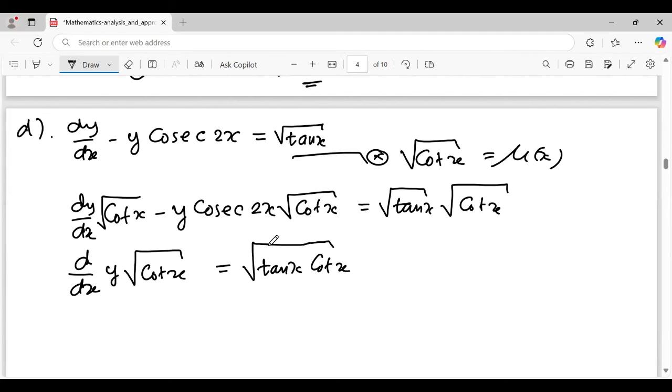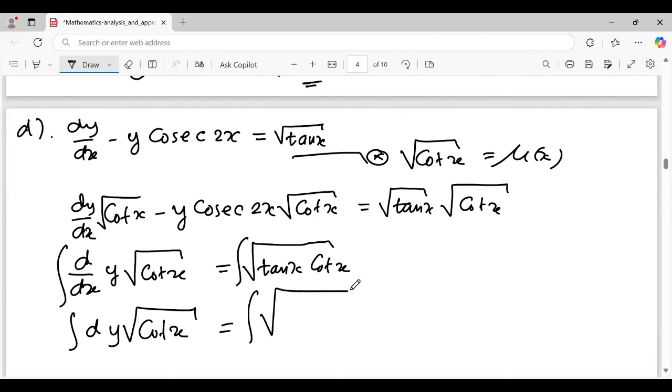Okay, this is the step of a first order differential equation, right? After that, we integrate both sides, and the left-hand side becomes the integral of d(y square root cotangent x). The right integral becomes square root tangent x cotangent x dx.